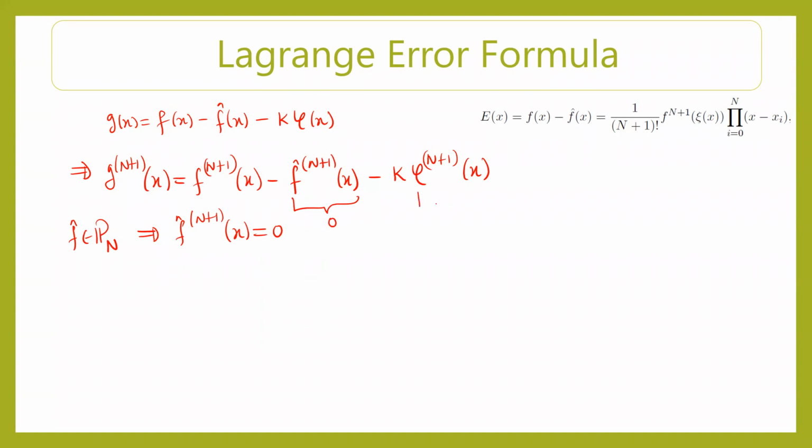We have seen that in the property three of phi, this is (n+1) factorial.